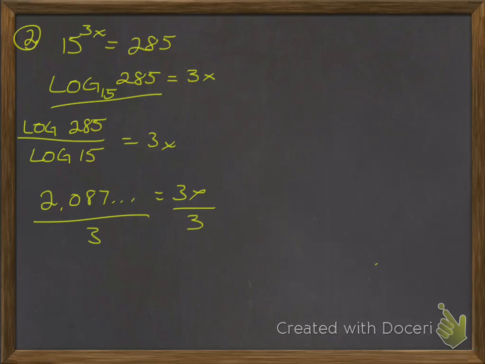Divide by 3 and your answer is x equals 0.6958. I'm rounding to the nearest 10 thousandths. That's going to be the directions in the work. So that's 4 decimal places. This was 0.69576. This 6 rounds that up to an 8.